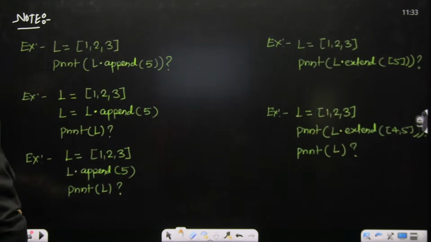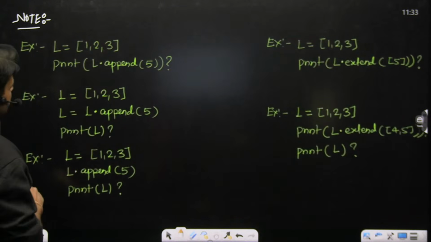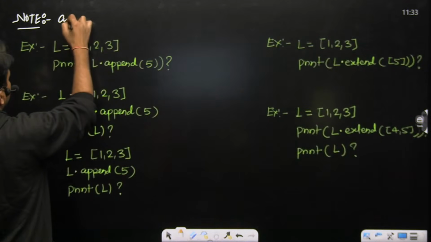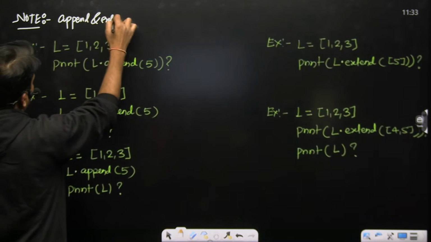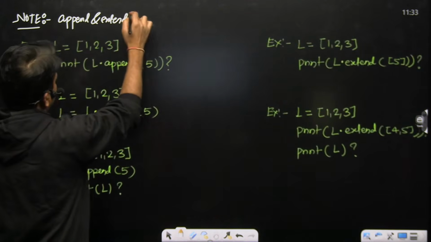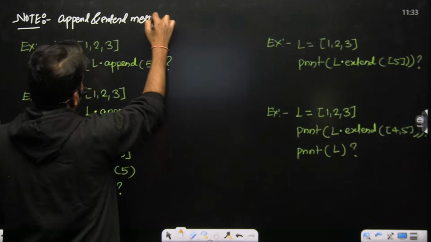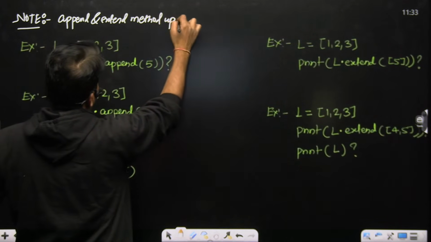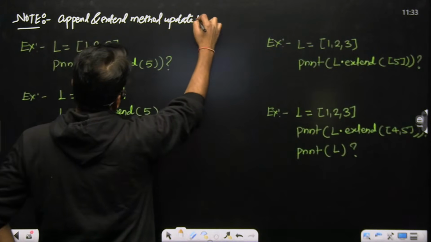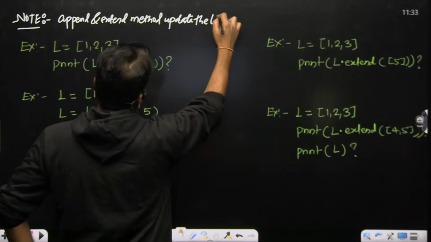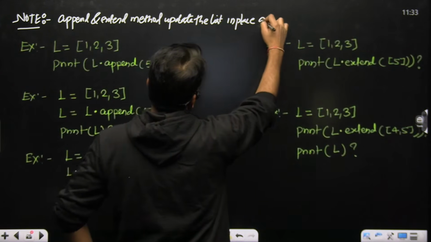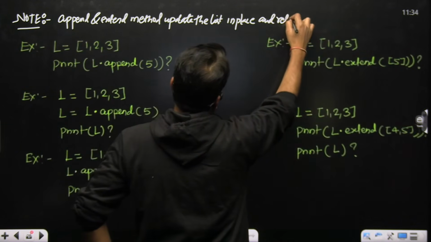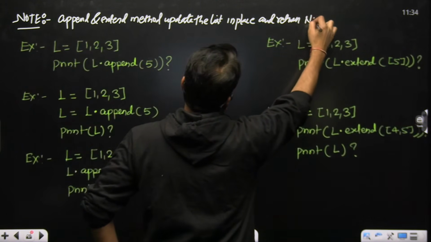Append and extend update the list in place and return None. And they return what? Sir, None.